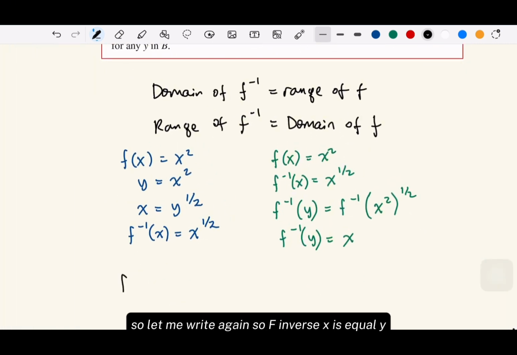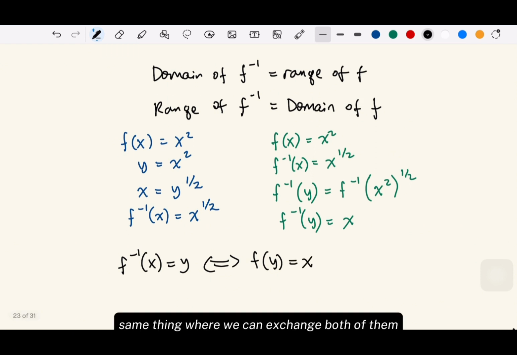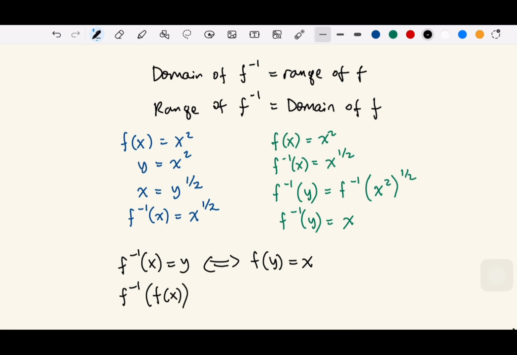So let me write again. f inverse of x is equal to y, f of y is equal to x. Same thing, okay? We can exchange both of them. And if we take f inverse of f of x, the result will be x, as we mentioned here.